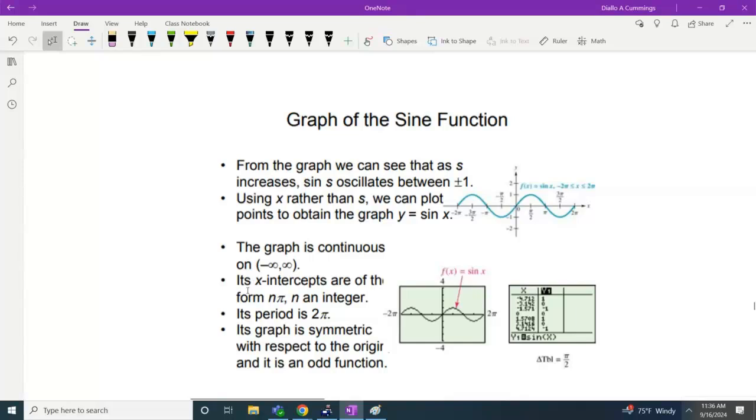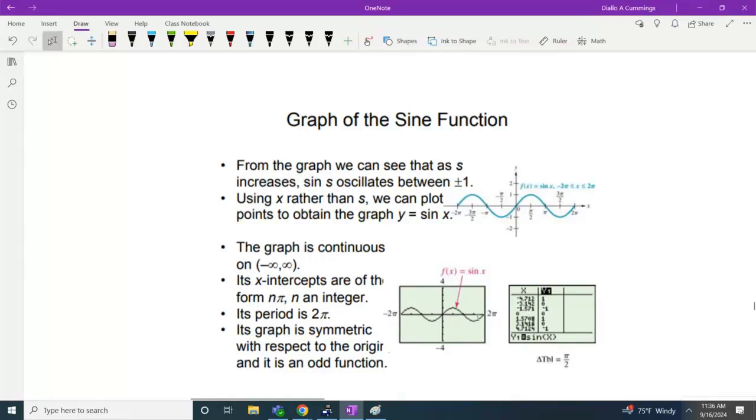And then there's just some facts. The x-intercepts are in the form n times pi, where n is an integer. So what that means, if you take any integer, which is any positive or negative whole number, and if you multiply that by pi, those will give you the x-intercept points.